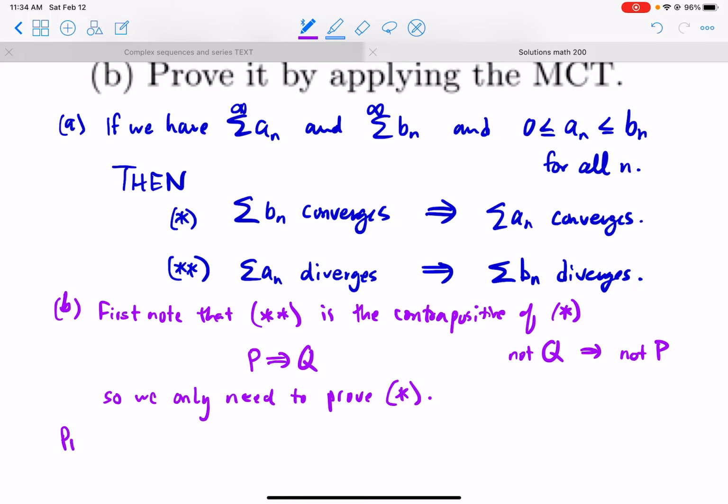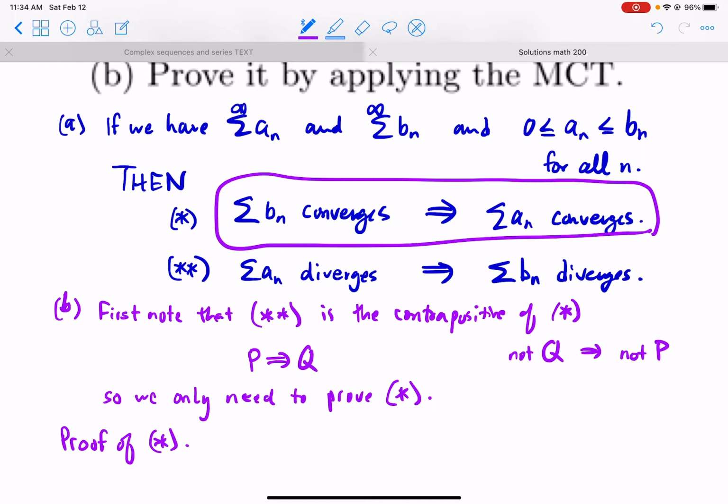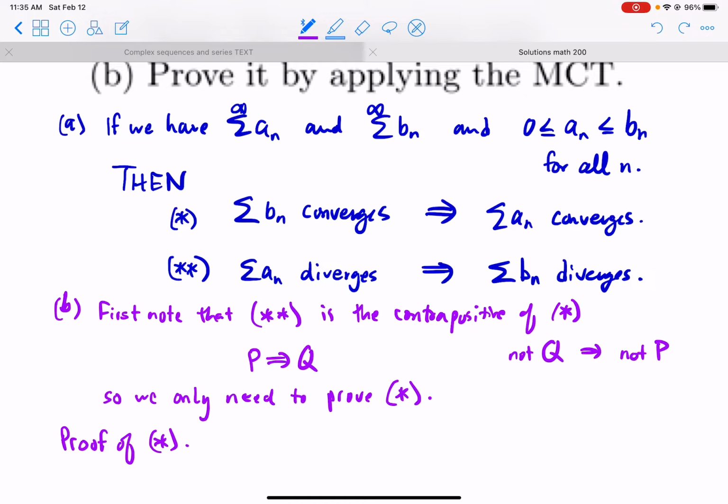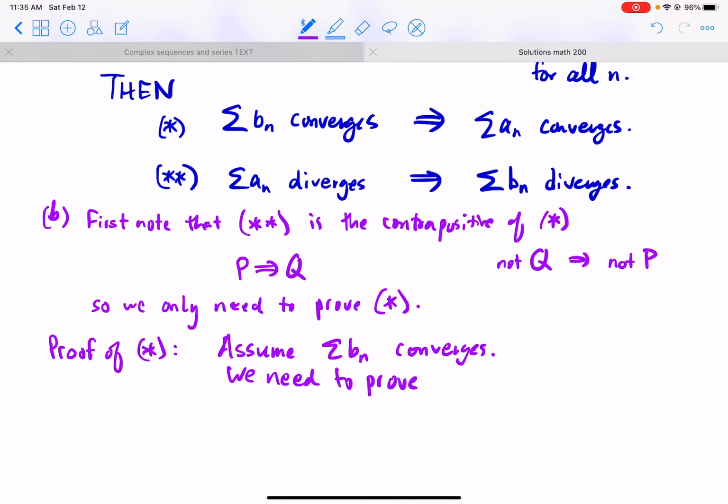Okay, so here's my proof of star. So I have to prove this. Now, to help my reader, I'm going to remind my reader what I'm doing. So assume that the sum of the b_n's converges. Okay, we need to prove what? I'm just helping my reader understand what I'm about to do so they can actually understand my words.